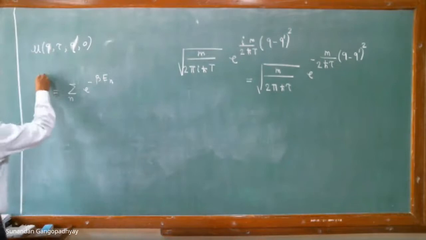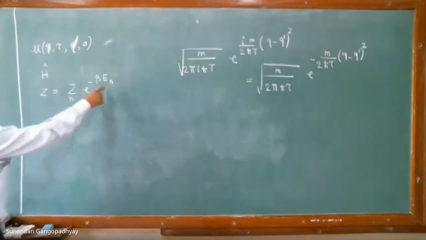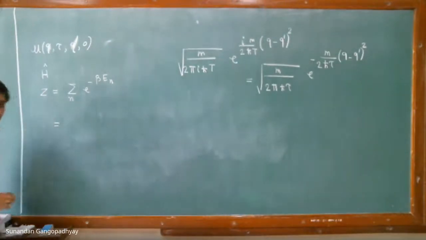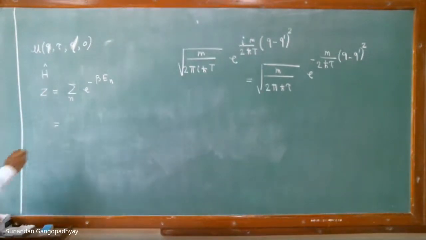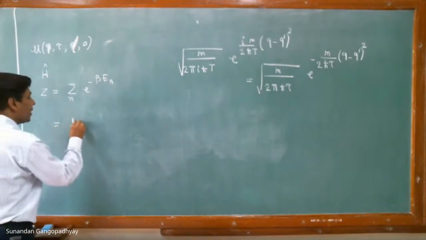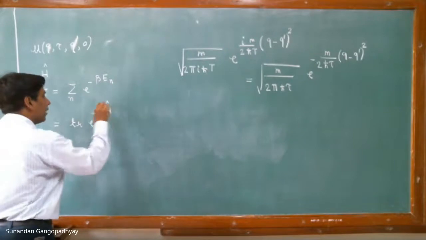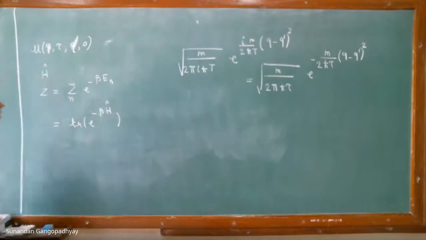And I think you are familiar with this, that you can write this as the trace of e to the power of minus beta H hat, right?